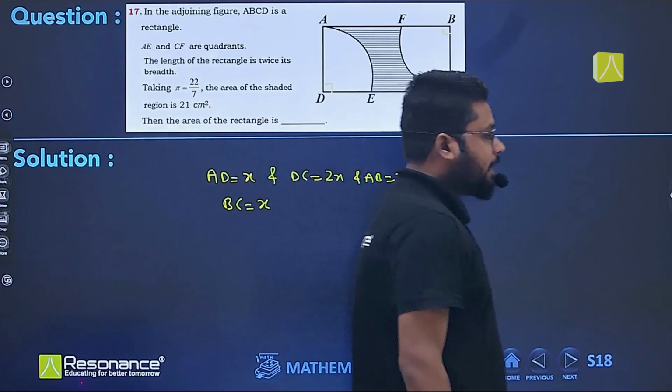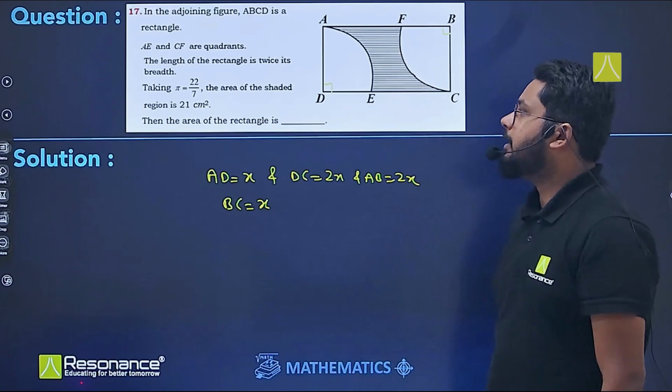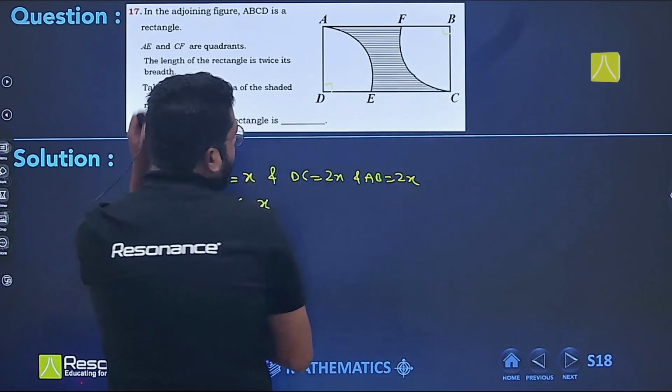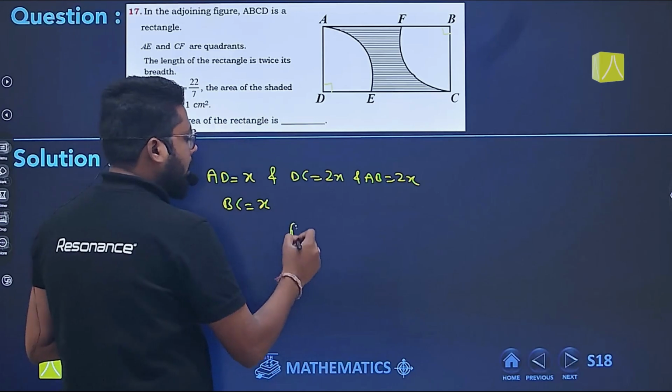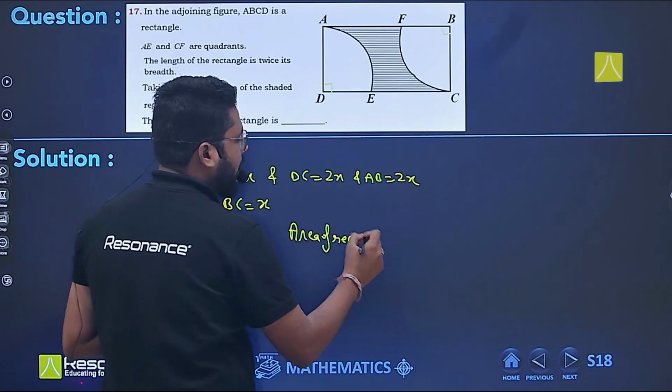The area of the shaded region is 21 centimeter square. This shaded portion is 21 centimeters. Then the area of the rectangle is what? Okay, we have to find the area of the rectangle. For the shaded region, it will be the area of the rectangle minus the 2 quadrants.